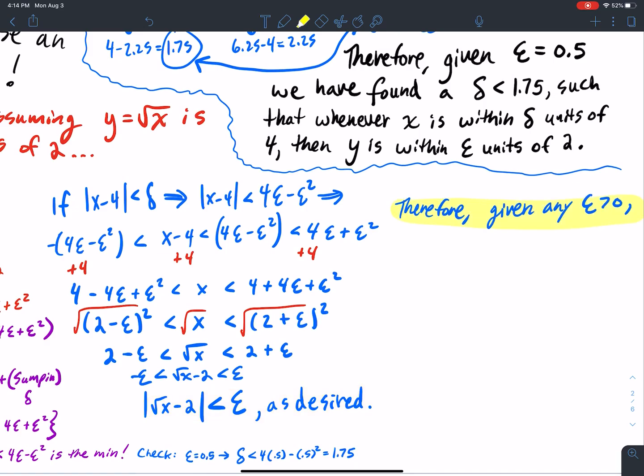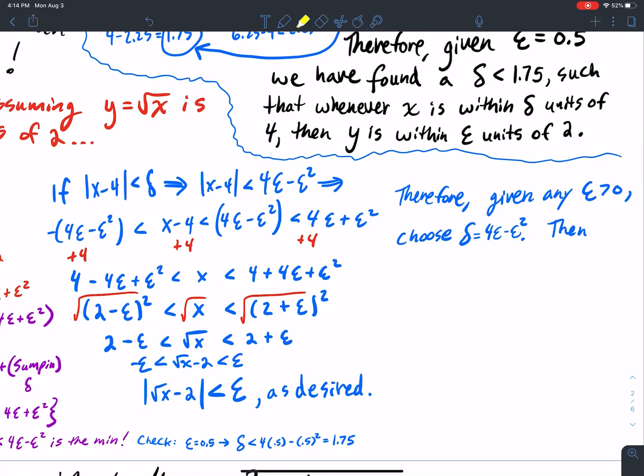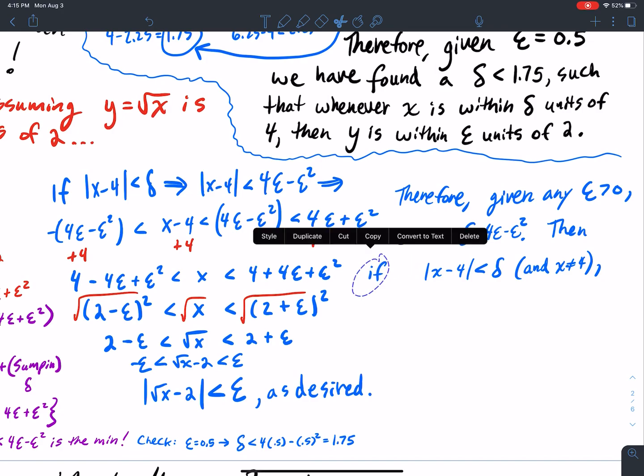Therefore, given any epsilon greater than 0, choose delta equal to 4 epsilon minus epsilon squared. Then, if the absolute value of x minus 4 is less than delta, and we have the possibility that x is not equal to 4 itself, one other way you can write that is if you did something like this here.